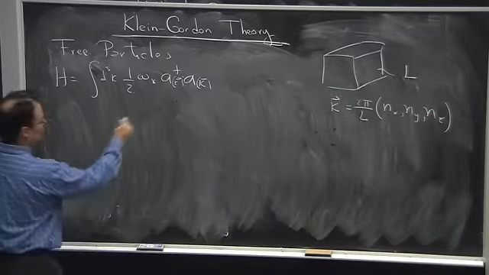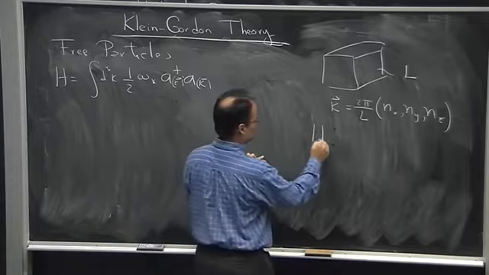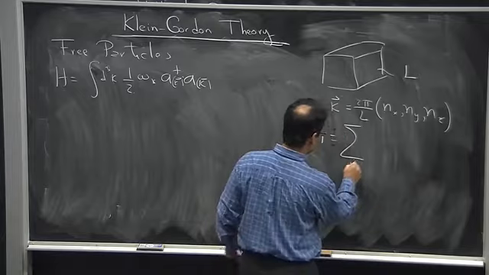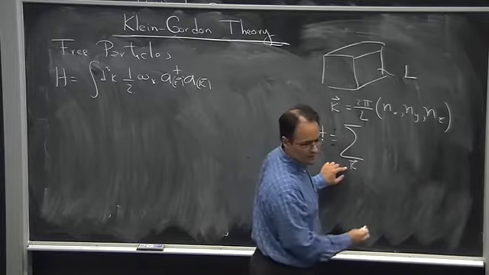The Hamiltonian for this system will just be a sum over all those oscillators, with a sum of momenta in the lattice.